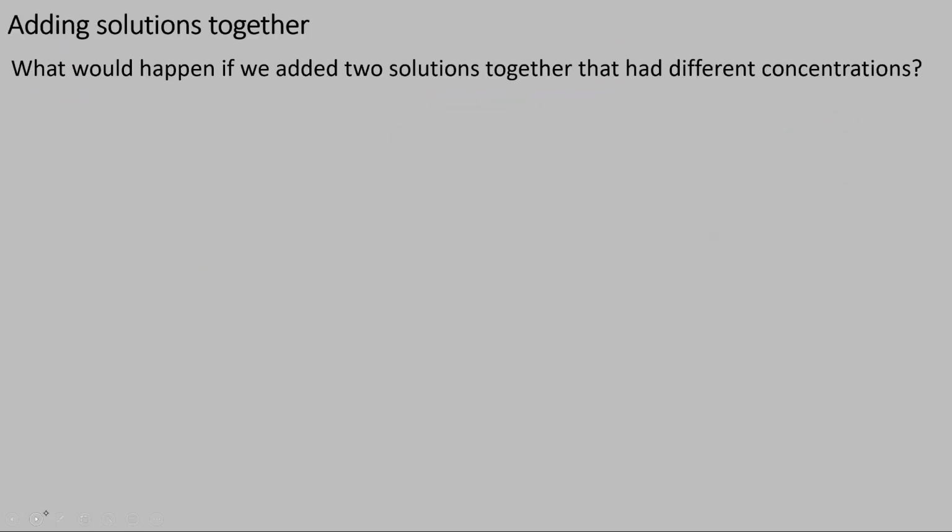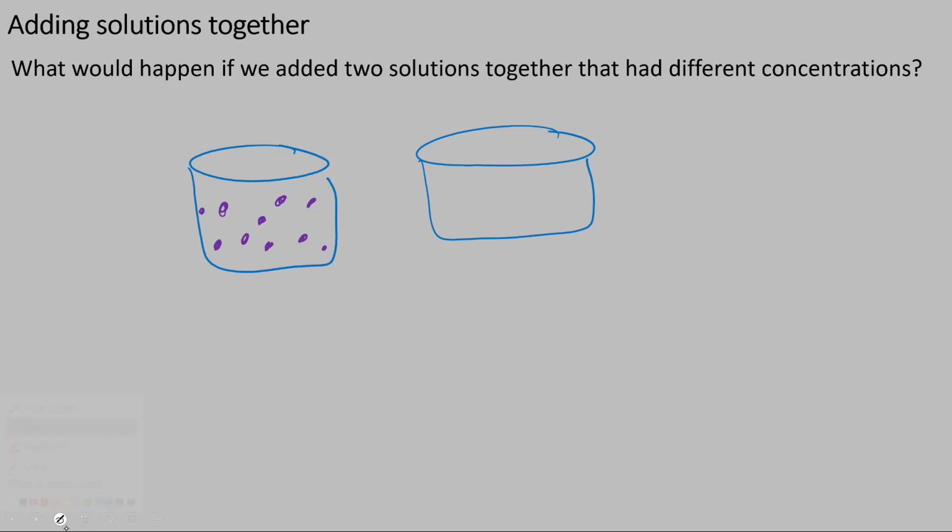All right, adding solutions together. What would happen if we added 2 solutions together that had different concentrations? In this scenario, we're taking a solution that has something like this, and we're going to add it to something like this.